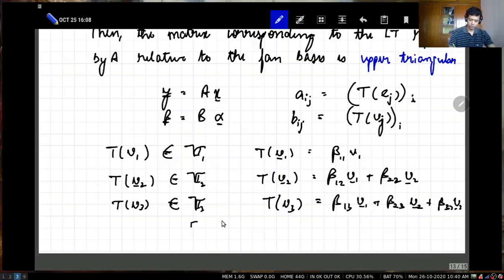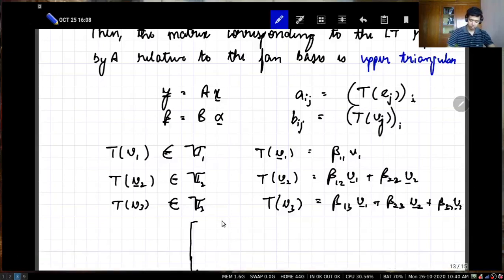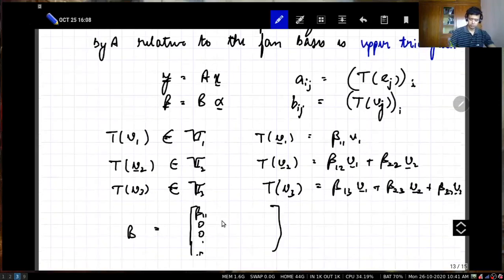So if you look at the matrix B, right, so we get beta 1 1, 0, 0, and this is going to be beta 1 2, beta 2 2, 0, beta 1 3, beta 2 3, beta 3 3, and so on.